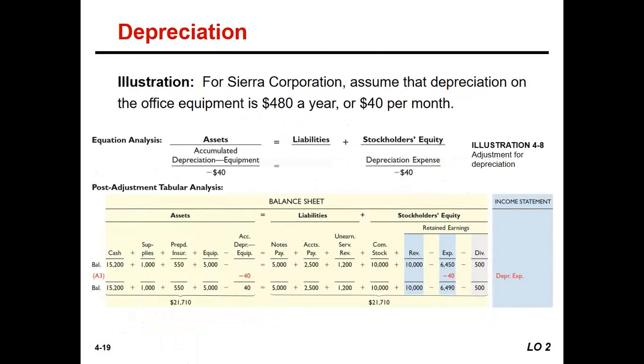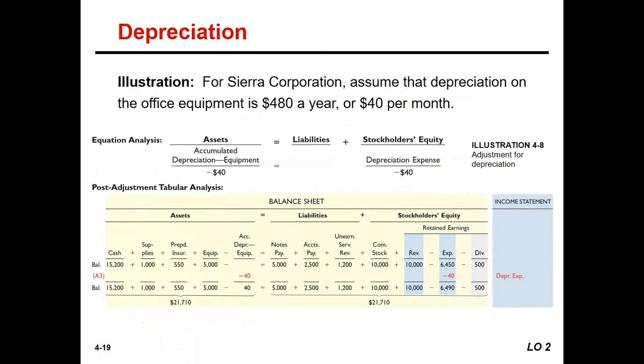Accumulated depreciation is called a contra asset account. It is contra asset because its balance is opposite of normal. Asset accounts normally have a positive number as their balance. Accumulated depreciation will also always have, or should always have, a negative amount as its balance.